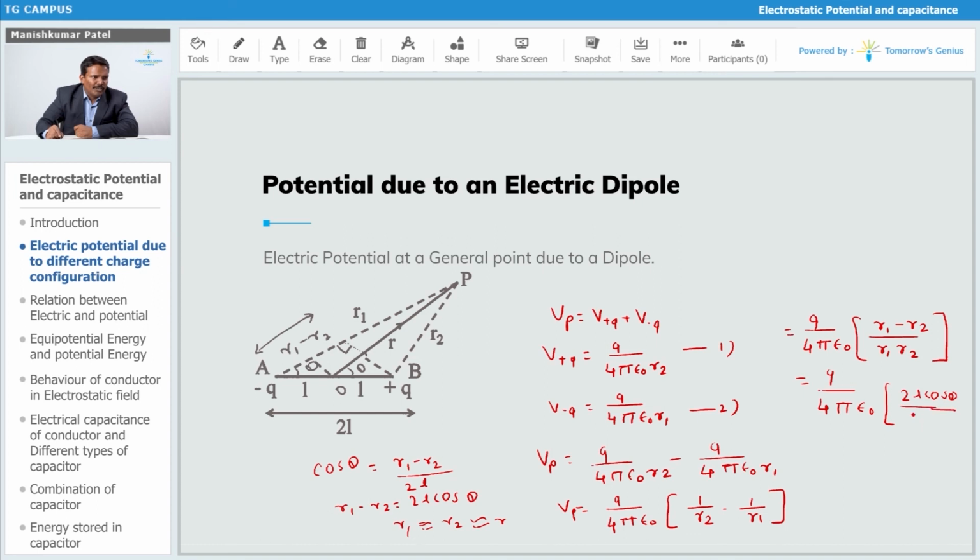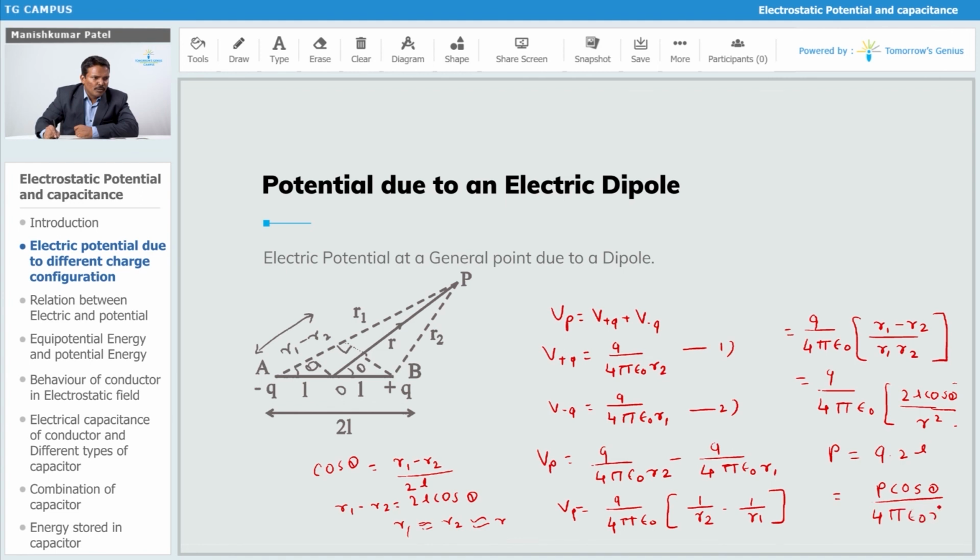R1 R2 is the same, so that will become R square. Again we know that P equals Q into 2L. So you can write it down as P cos theta upon 4 pi epsilon naught R square.